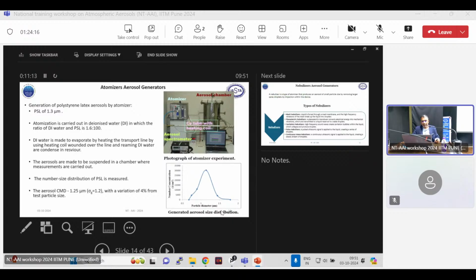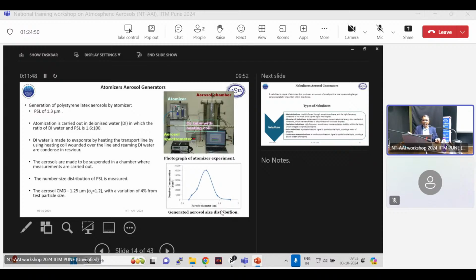Here is just one example I am showing. We have 1.3 micrometer polystyrene latex particles which have been atomized by this atomizer, and we put the PSL particles at a 1.6 to 100 ratio in DM water and then atomized. We have a heating and condensing copper tube where the water can evaporate and condense, so only PSL particles go to the calibration chamber.